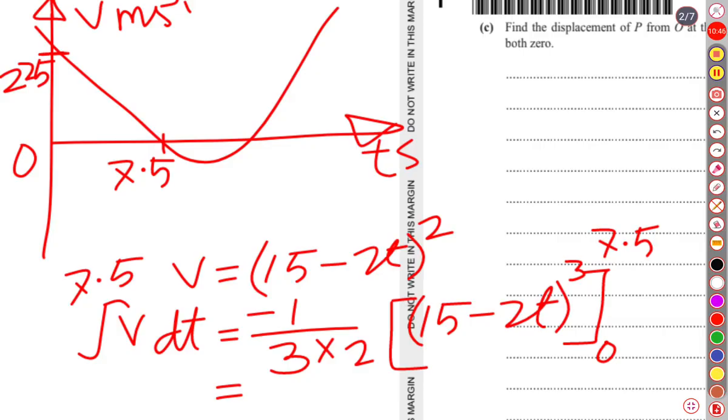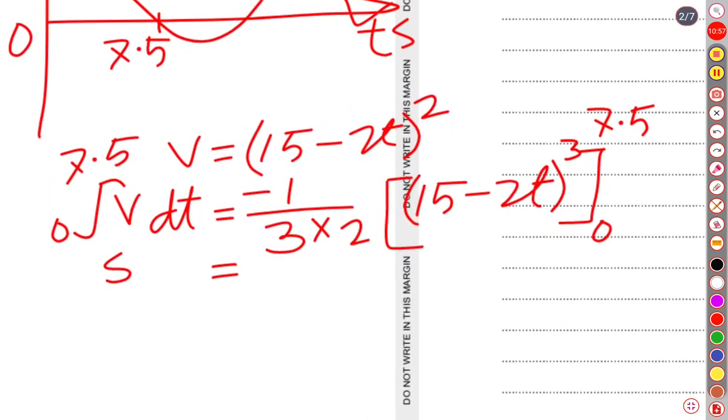So let us write displacement as s. I think this space is not sufficient, so I can go downward. S shows the displacement.